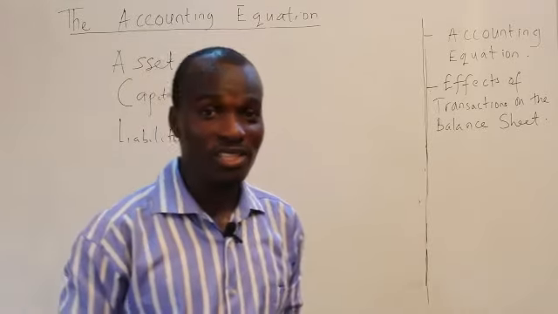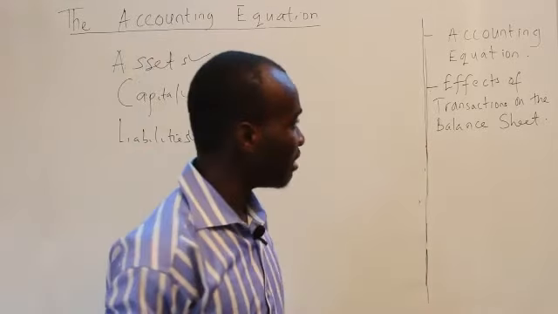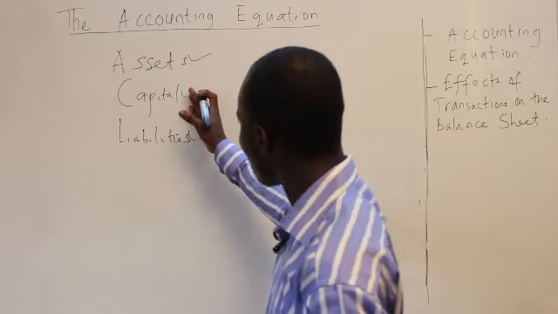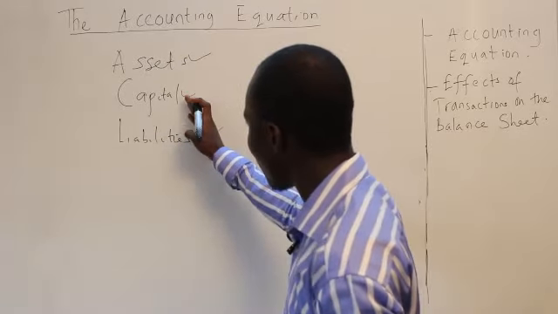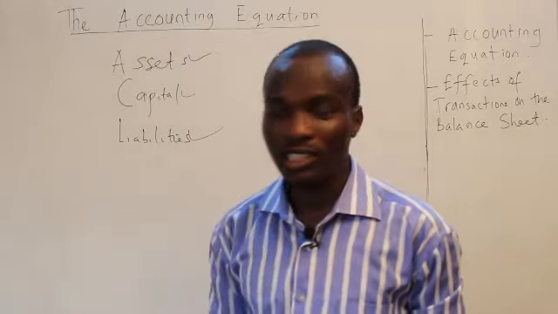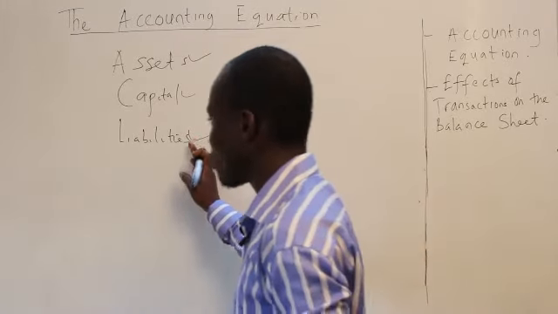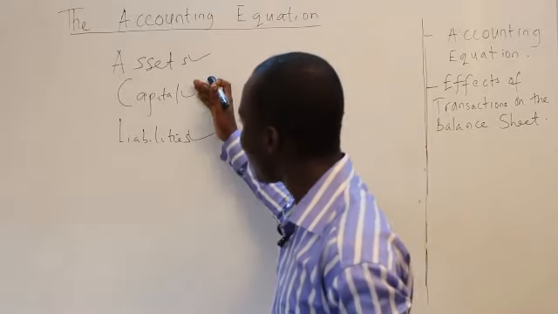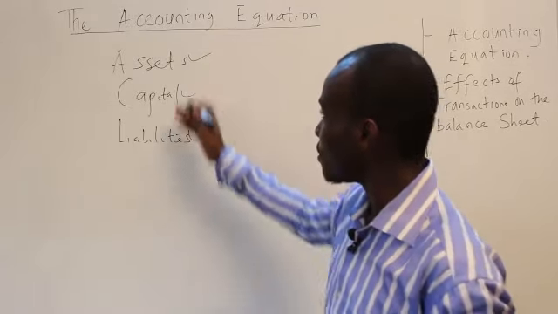The resources of the business can be derived from these two major sources, that is the capital contributed by the owner and the liabilities contributed by the outsider. So the summation of the capital and the liabilities gives us the assets.